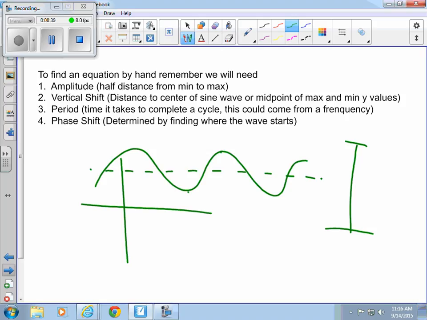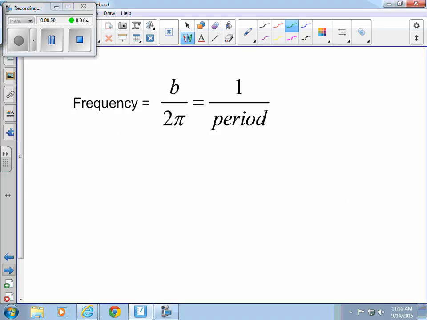On Tuesday and Thursday, we will do a project where we get a slinky out and have our calculator model a trig graph from that. That'll be kind of neat for you to see what it looks like when a calculator takes data and turns it into a trig wave. Today we're going to focus on by hand.